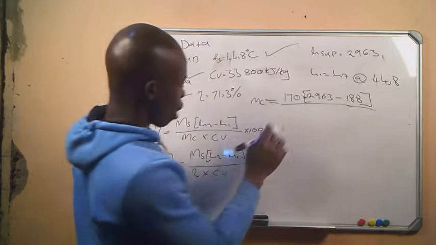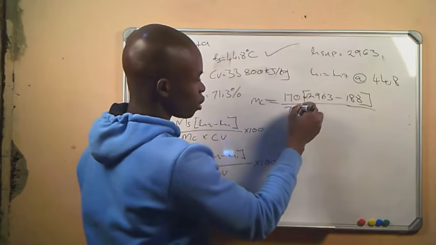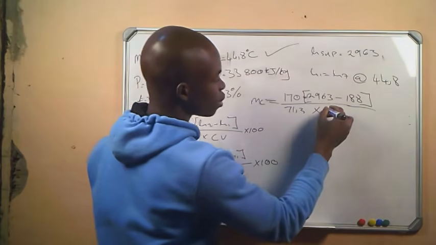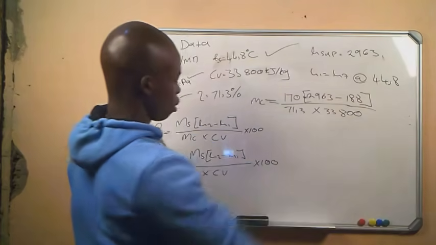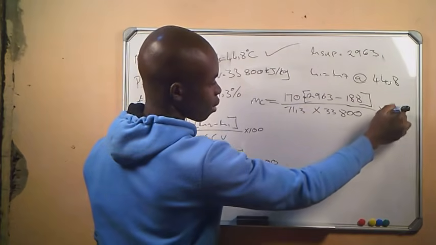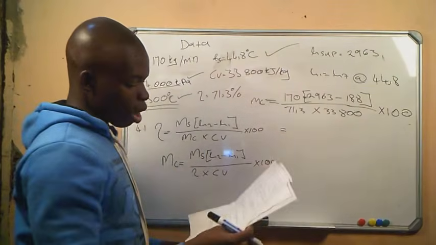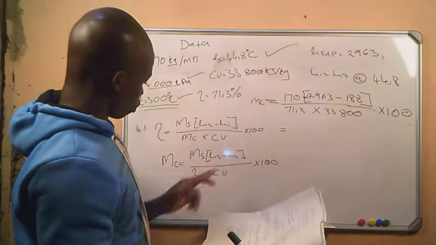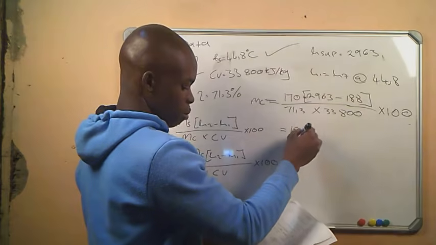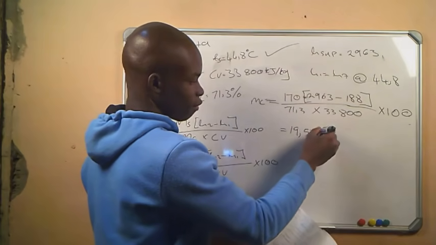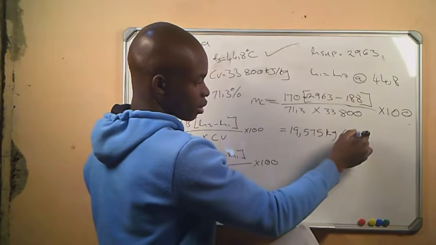And then our efficiency is 71.3. Our calorific value is 33800, times 100, we get the value of the mass of coal as 19.575 kg per minute.